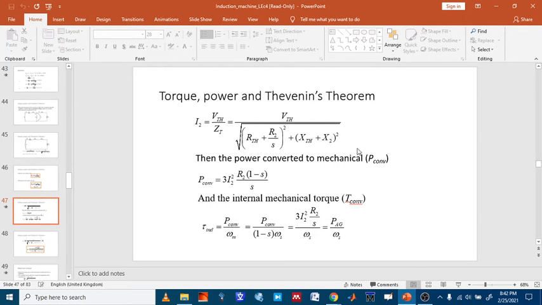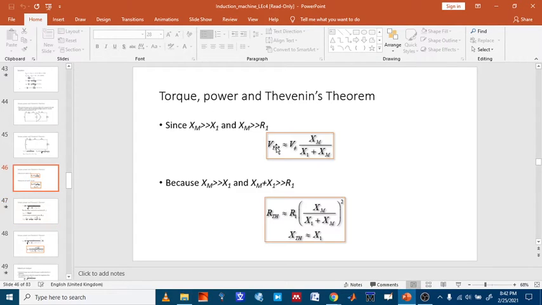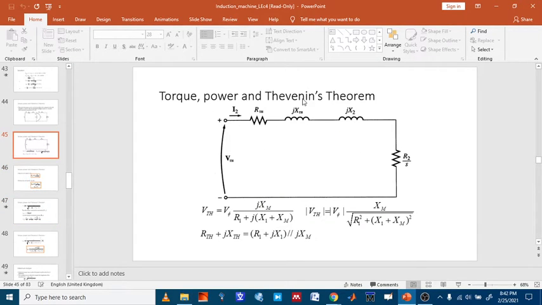You need only the real part: the square root of (RTH plus R2 over S) all square plus (XTH plus X2) all square, because they are all in series, and you take the magnitude of the complex number. This is the general formula for I2 in terms of the Thevenin equivalent circuit.